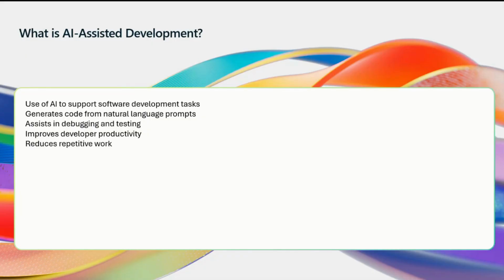Improve developer productivity. You are a developer, but even so, there is part of the code that looks a little boring, right? You can ask Copilot to generate some part of your code, the boring stuff. Okay.